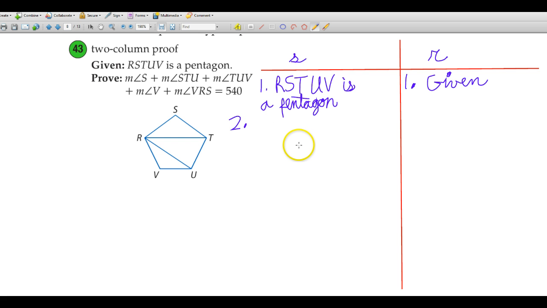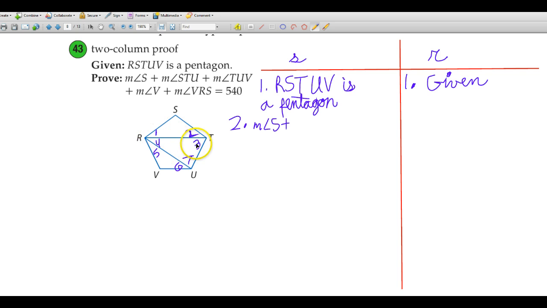Next, by the triangle angle sum theorem, since we have this broken up into 3 triangles, we can say that these 3 angles must add up to 180, these 3, and these 3. So that would be the measure of angle S. I went ahead and took the liberty of numbering my angles here.